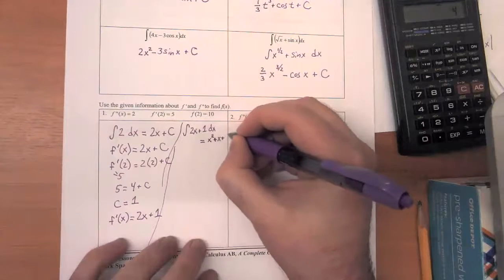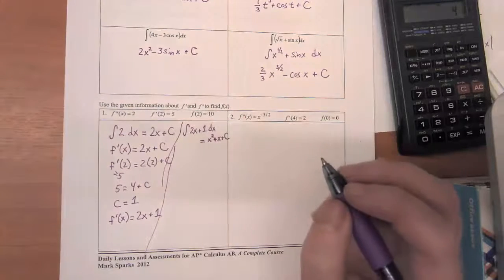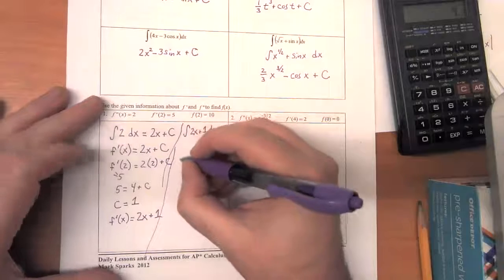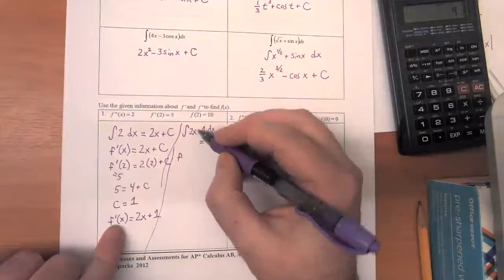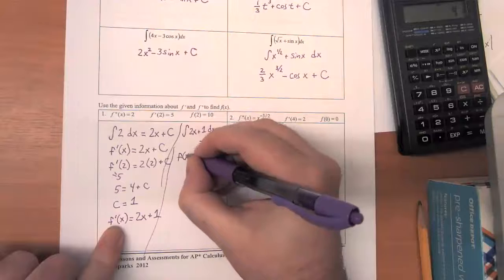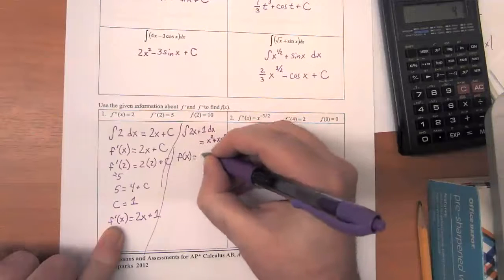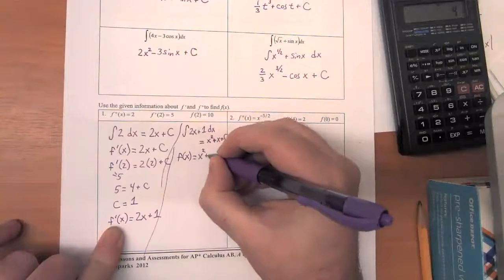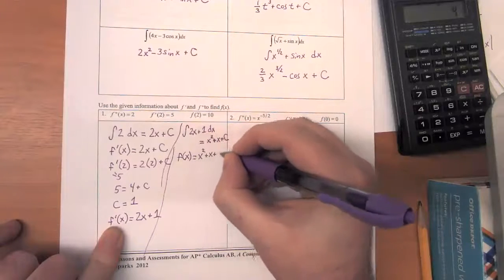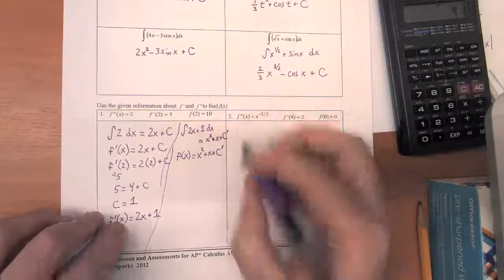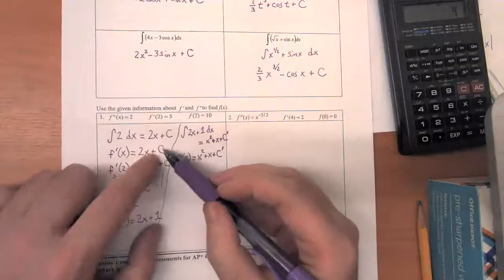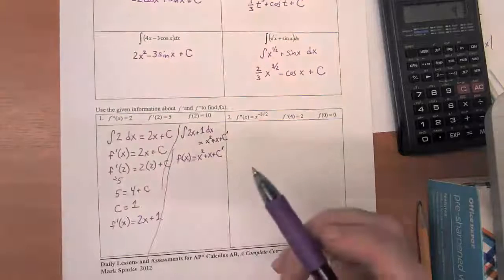And then we have to add some constant term. Okay? So since that's the antiderivative of f prime, we know that f of x is equal to x squared plus x plus our constant. Maybe I'll call this c prime, just to make it clear that it's maybe a different constant than the constant we had in the first round.